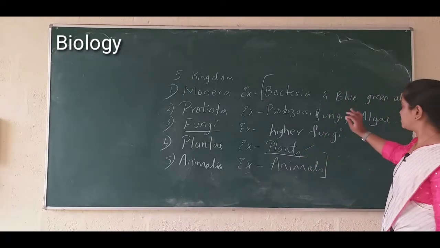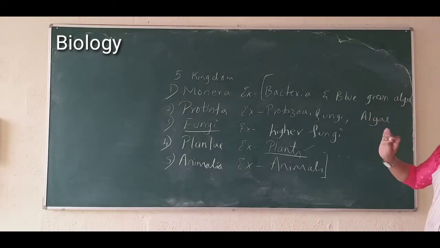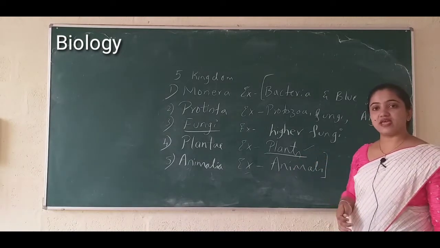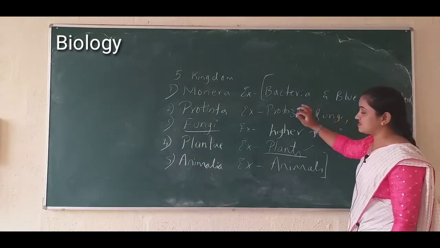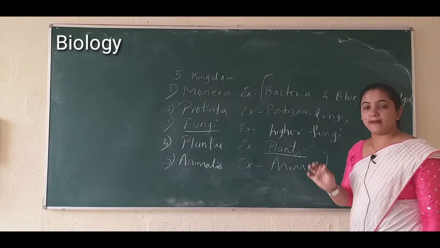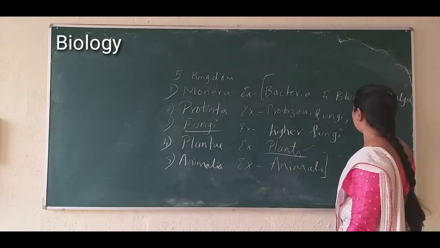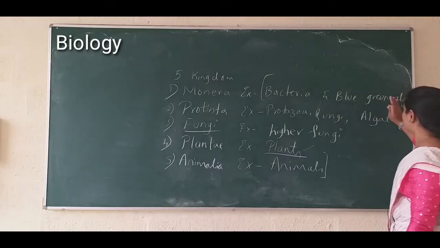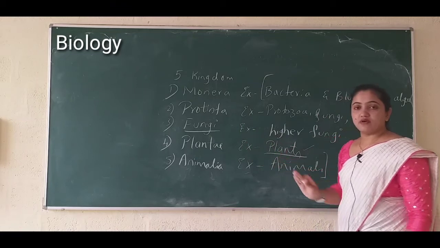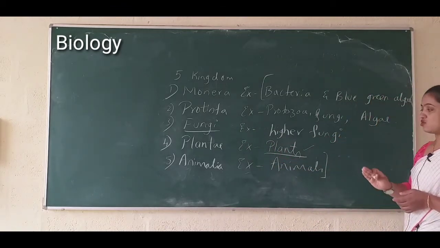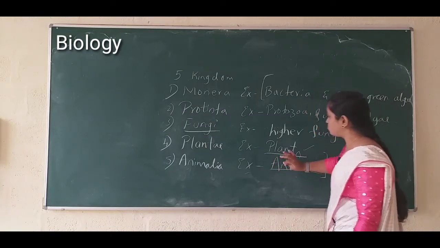Not only plants, here algae, blue-green algae and some of the fungi synthesize their own food. But except for plants and a few of the bacteria, algae and fungi, all the living organisms, micro or macro organisms, are dependent on one another.